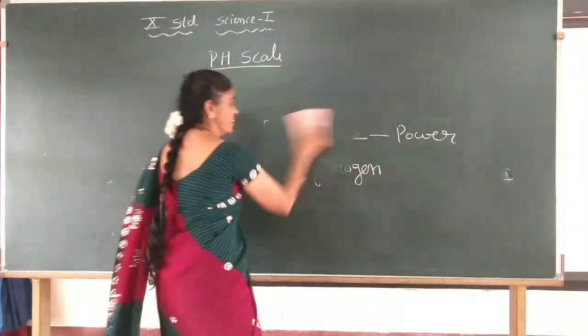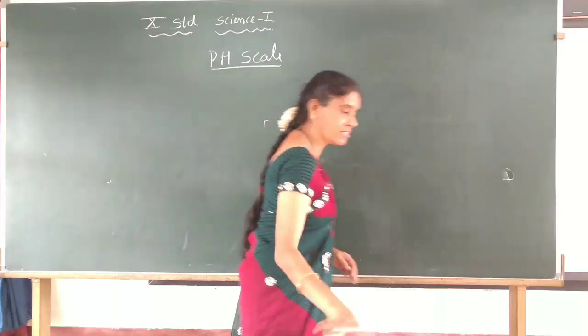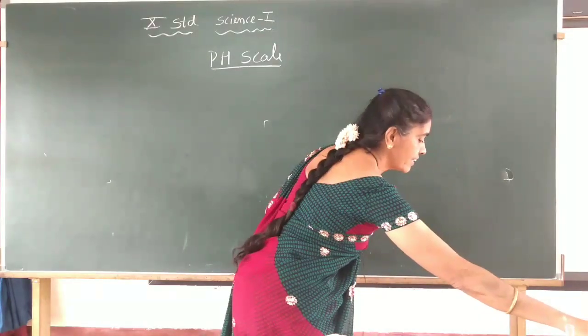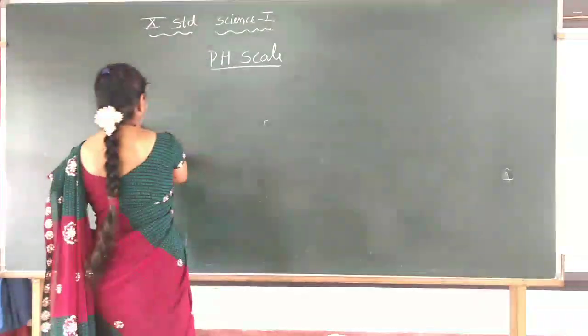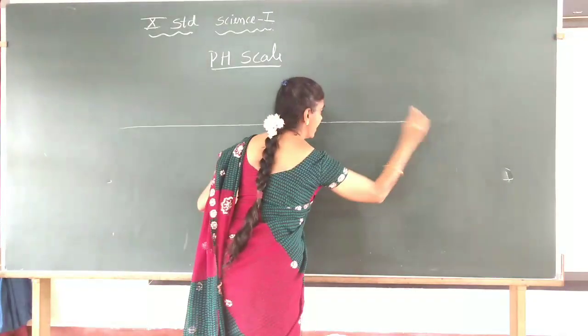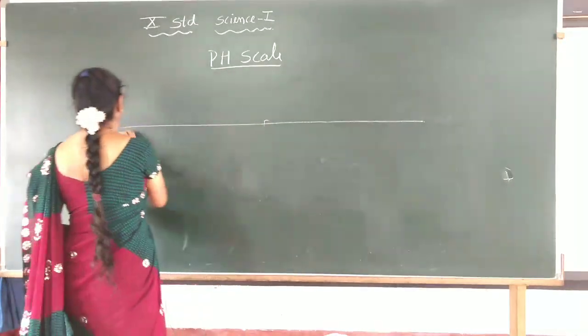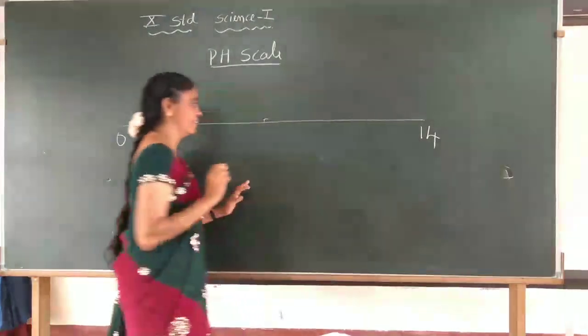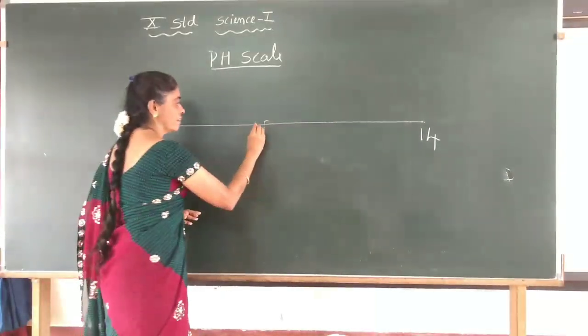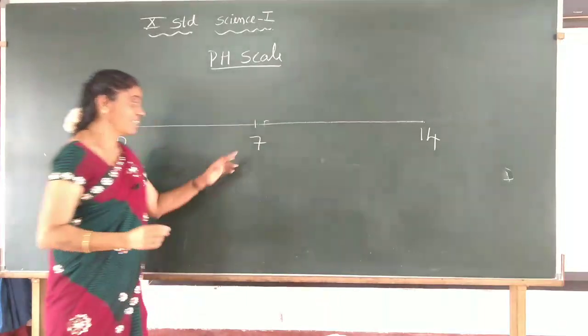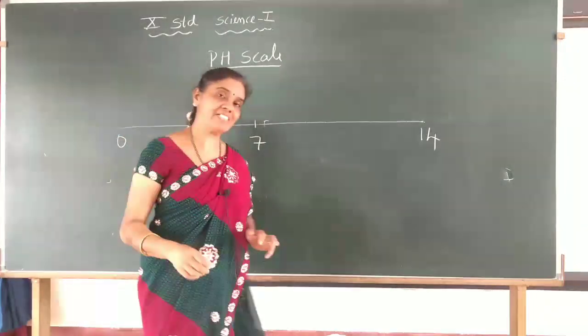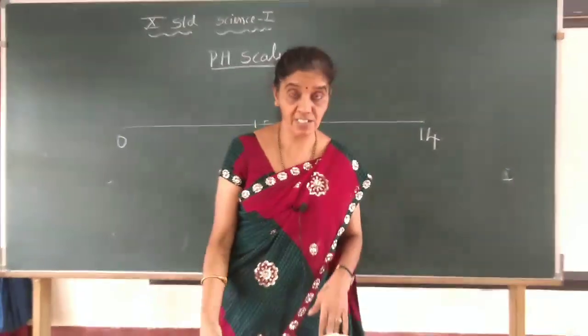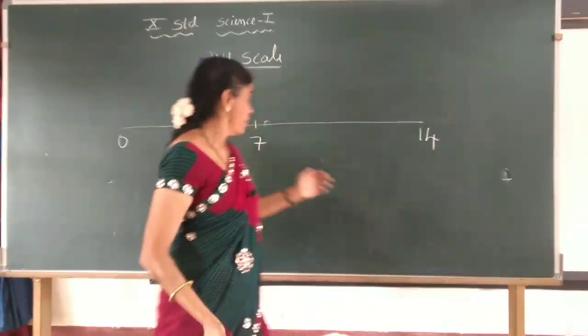It is just a scale with the numbers 0 to 14. I will draw a line to indicate the numbers, starting from 0 to 14, and the numbers will help us to indicate the strength of the acid or H plus ions.